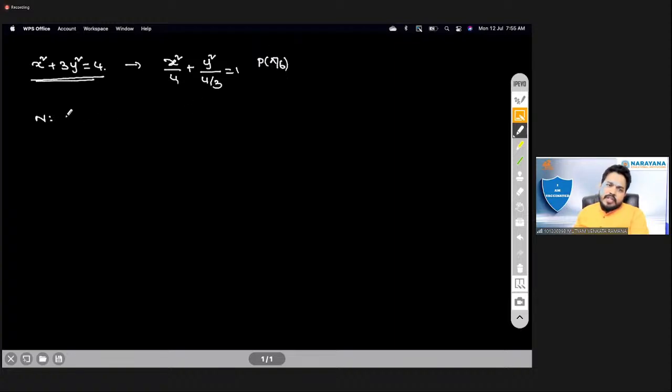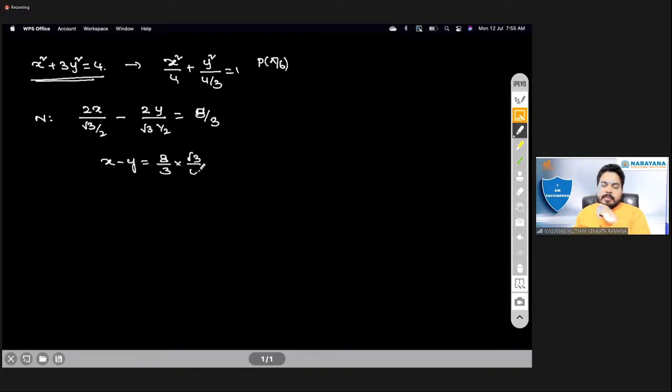What is the normal equation? ax by cos theta minus by by sin theta is equal to a squared minus b squared. So this is x minus y is equal to 8 by 3 into root 3 by 4, which is 2 root 3.